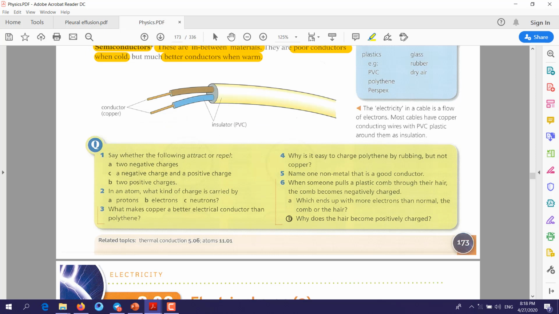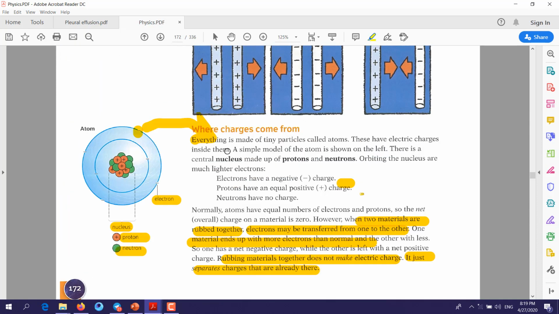Questions. Say whether the following attract or repel. Before you start solving this question, you should know what attract and repel mean. Attract means to bring together. It has the ability to bring objects together. Repel means it will separate, or let the objects be far from each other. Now, if you have two negative charges, will they attract each other or repel? The answer is repel, as shown here.